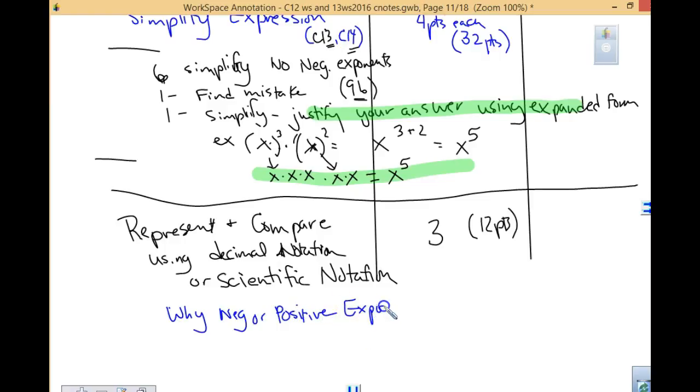What do I know about using positive and negative exponents in scientific notation? When do I use negative exponents in scientific notation?